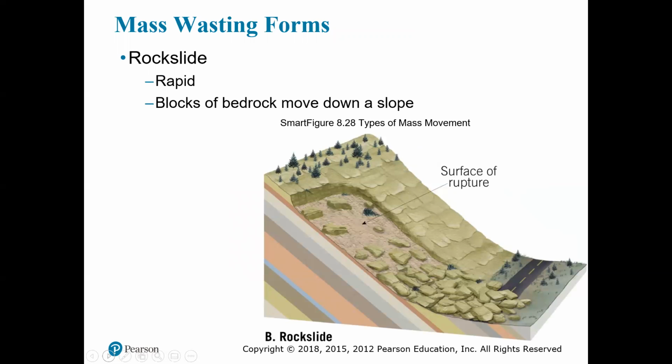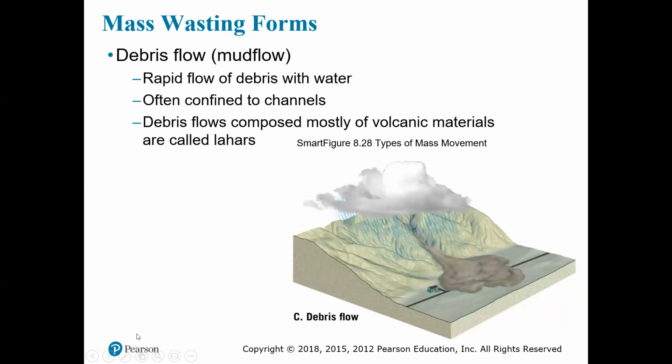Rock slide is a rapid movement where blocks of bedrock break loose and then slide all the way down a slope. So you'll have this surface of rupture and everything will just slide off. A debris flow, or sometimes called a mud flow, is debris with water. Sometimes we'll see it confined in these channels, as you see here.